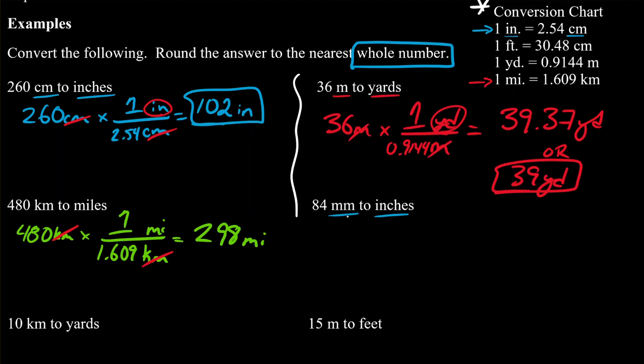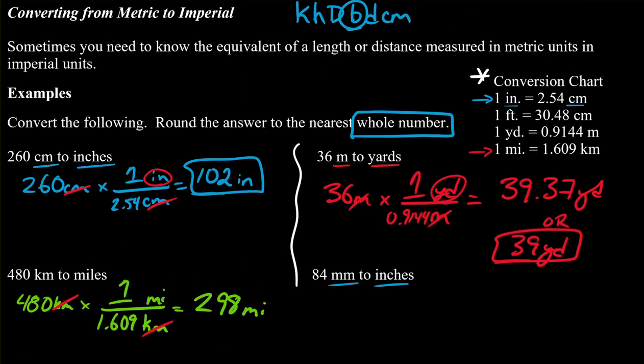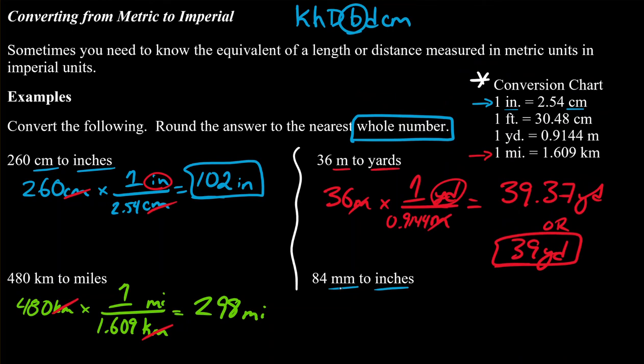So let's go from millimeters to centimeters first. We want to go from milli to centi. That's 1 place to the left. So I'm going to move my decimal once to the left.